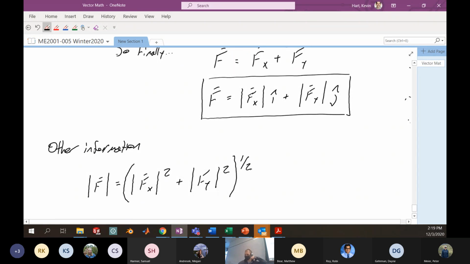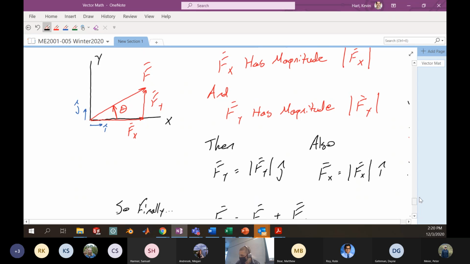All right. So this is the magnitude of the vector f. It's the square root of the sum of the squares, Pythagorean theorem. We could also determine this angle theta if we knew what the magnitudes of fx and fy were. And we see here that opposite over adjacent would be the tangent function.